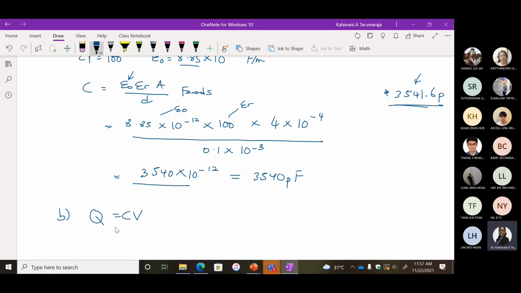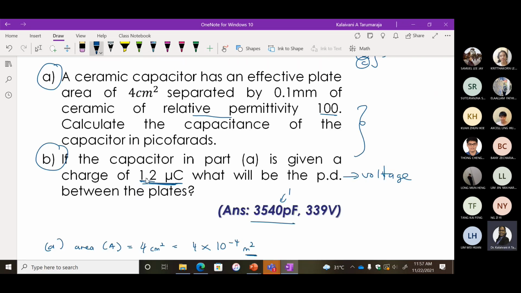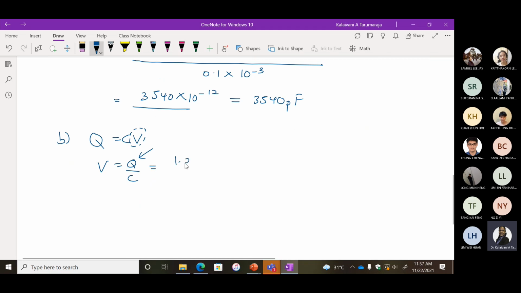We change the equation to find the voltage, so V equals Q over C. At this point, the value of the charge is already given to us. How much is it? 1.2 micro. So substitute directly 1.2 micro divided by the capacitance.